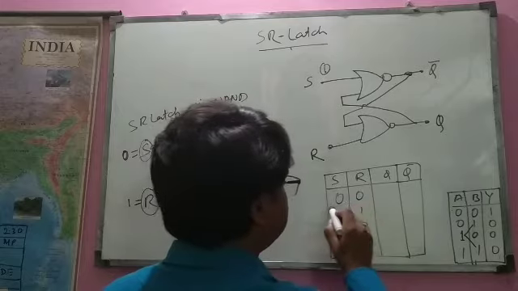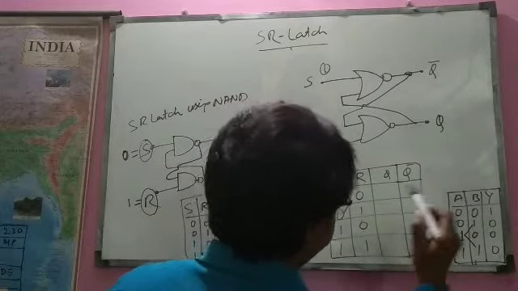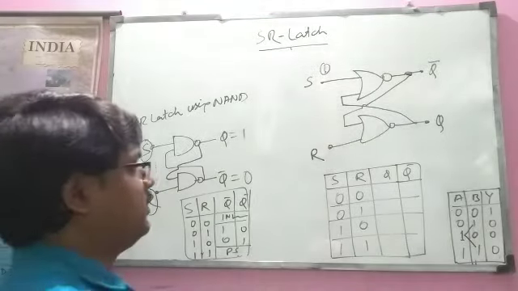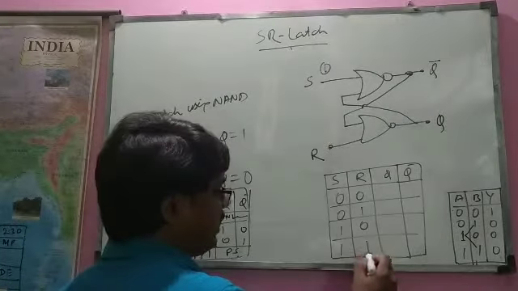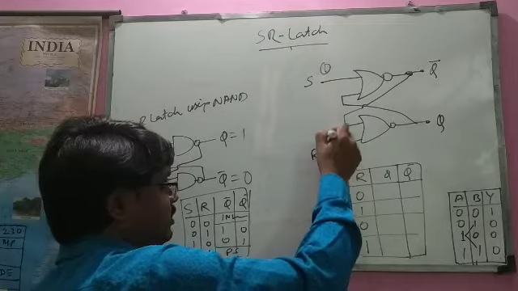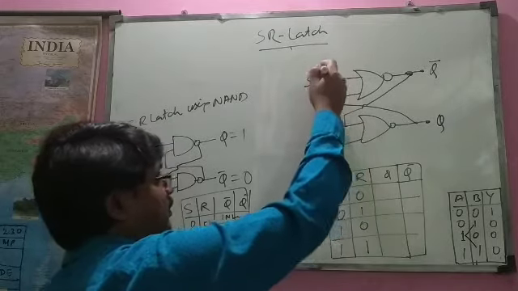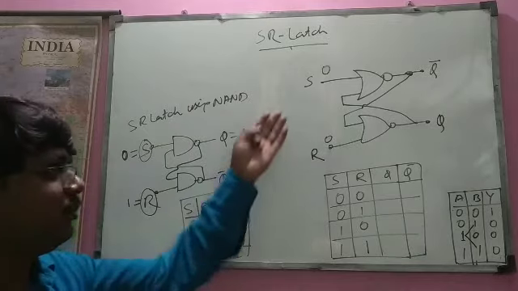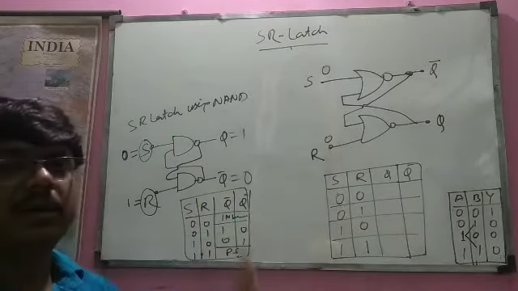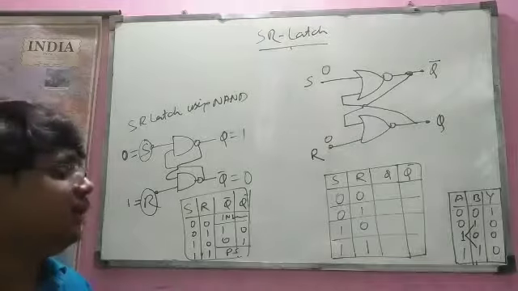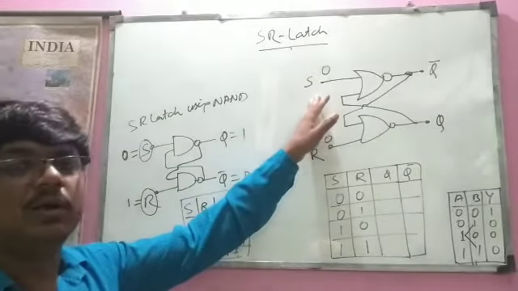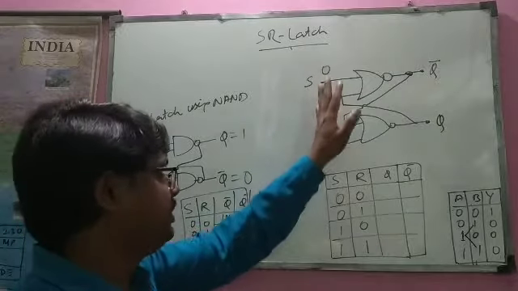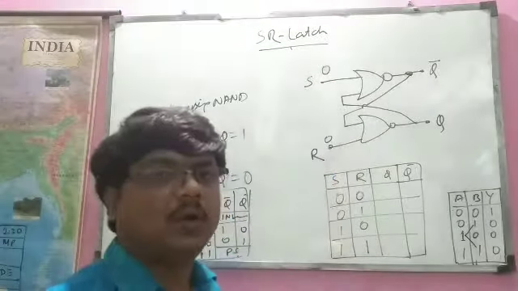If both the inputs are 0, what will happen? None of the gates has an enable input, which means none of the gate inputs is equal to 1. So it will not decide what will be in the output.